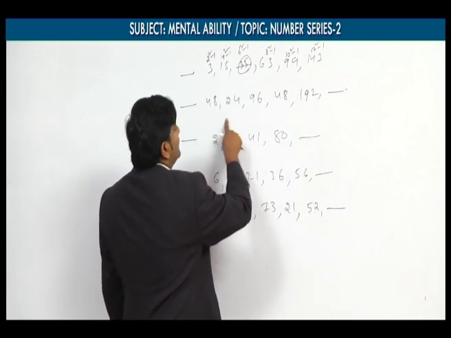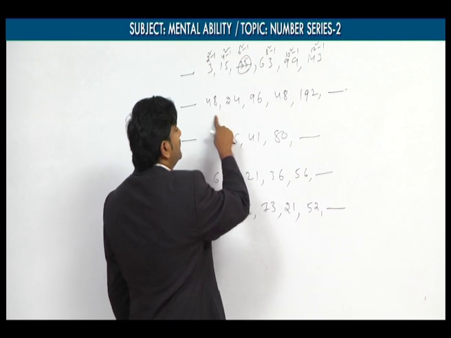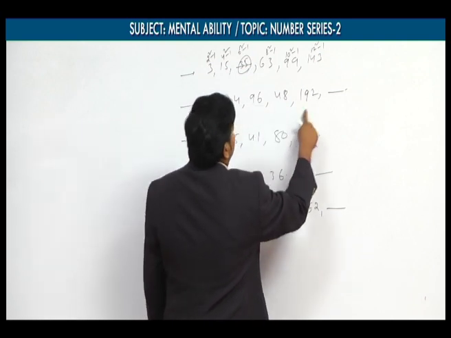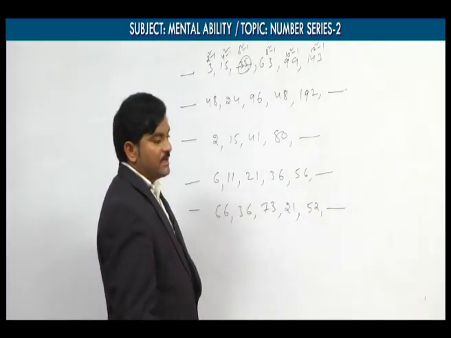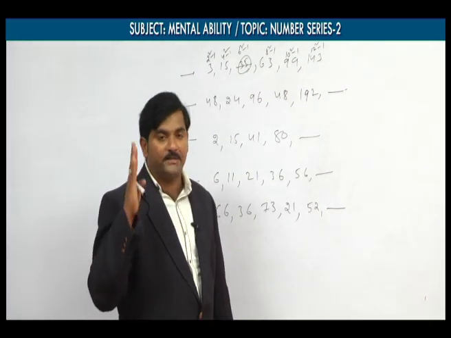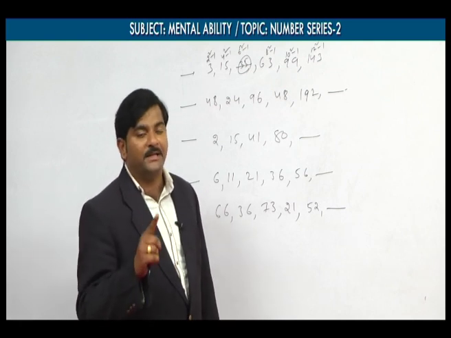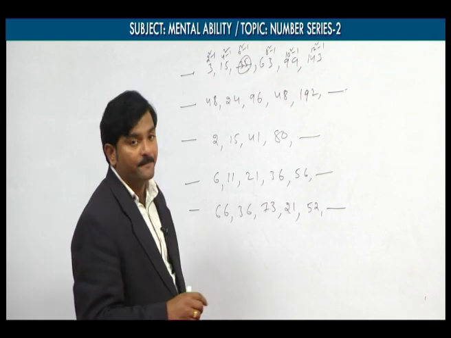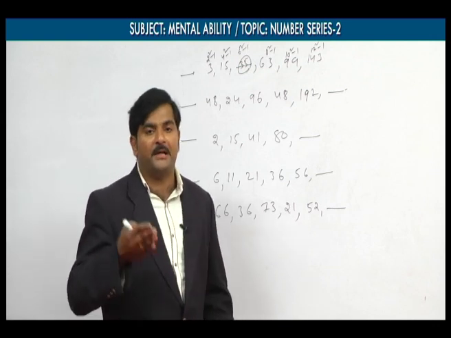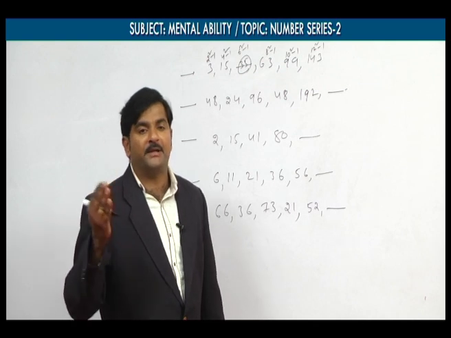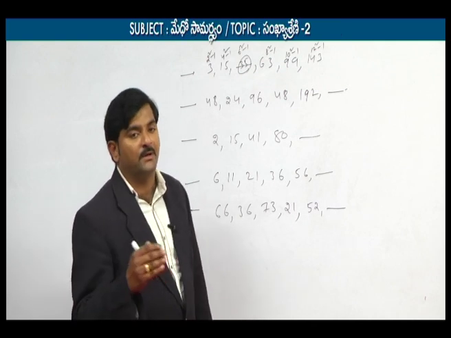First number 48, second number 24. So from this if you will observe these two, it is decreased, again increased. Decreased, again increased. So in this case you must think in two points of view. One is there is a concept of alternate series, if not some basic multiplication, division, addition and so on.